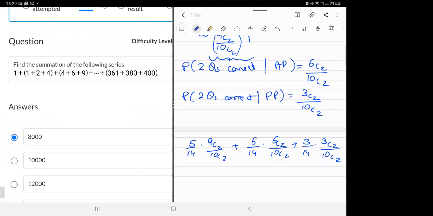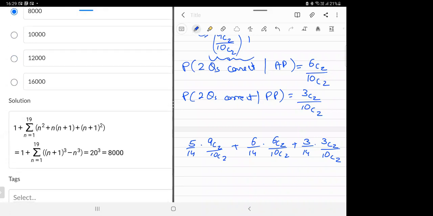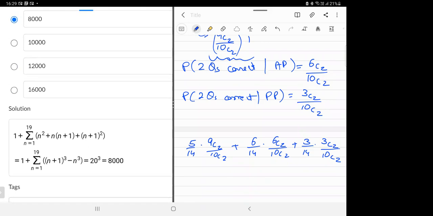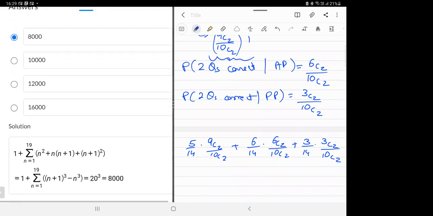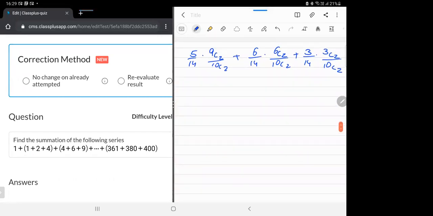1 plus 2 plus 4. Okay, there's a sequence here. Just forget the first number.